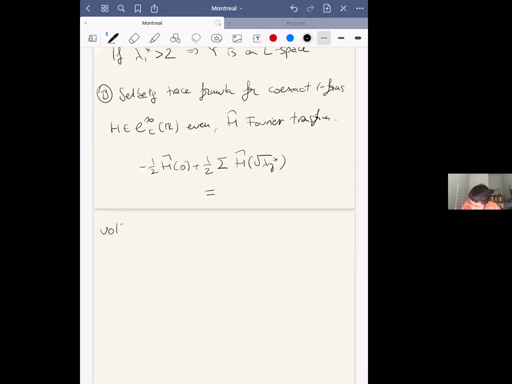So we have the volume of our 3-manifold, and this is all for a hyperbolic 3-manifold, h of 0 minus h double prime of 0, plus the sum over all geodesics of the length of gamma 0 times the cosine of the holonomy of gamma, divided by 1 minus e to the complex length of gamma, times h of the length of gamma. I'll explain better what these terms mean in a second.